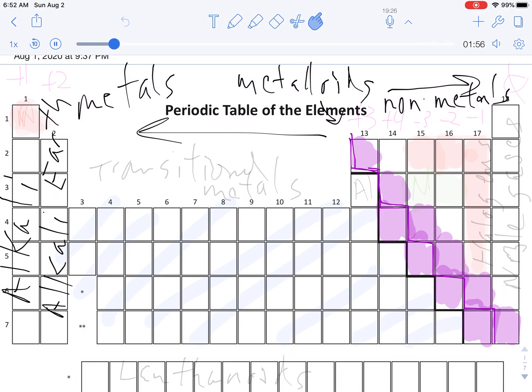All the metals in the middle we call the transition metals. So this area over here are called the transition metals.